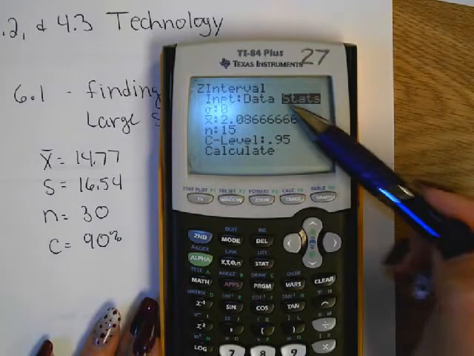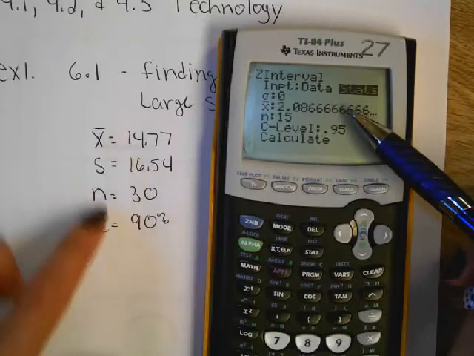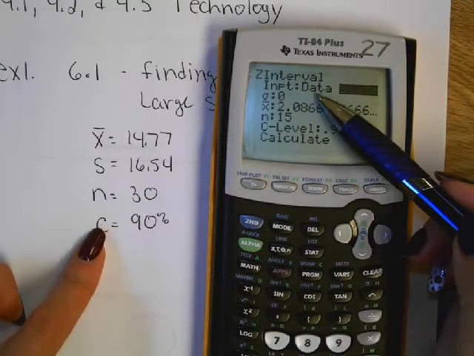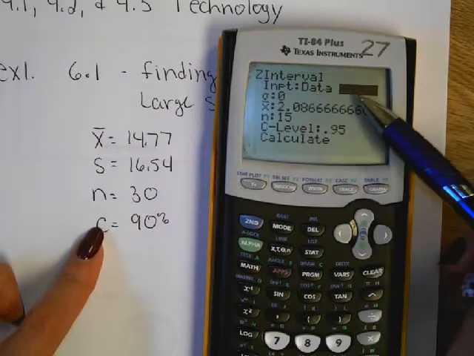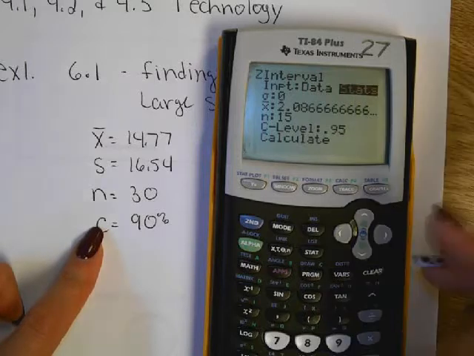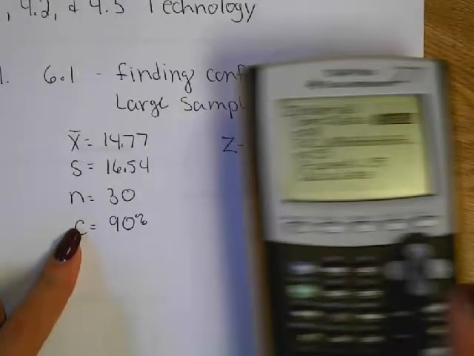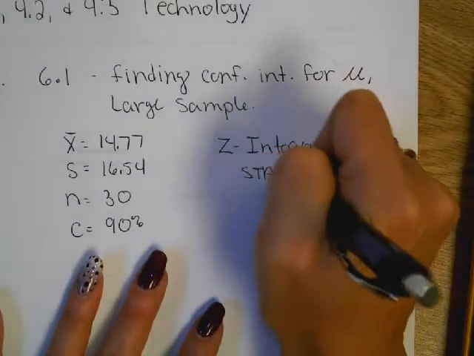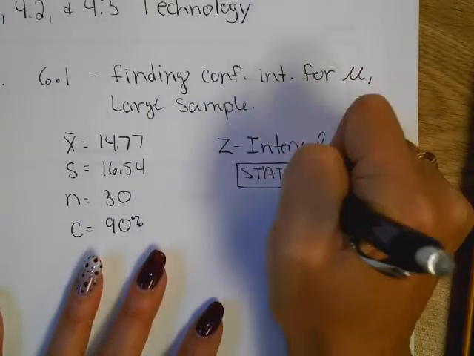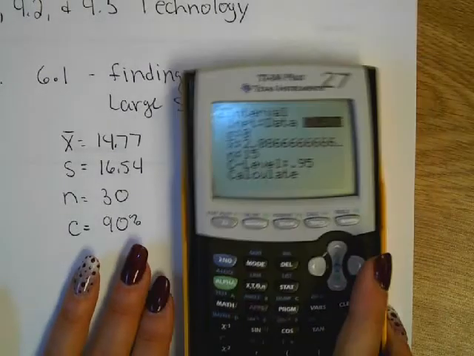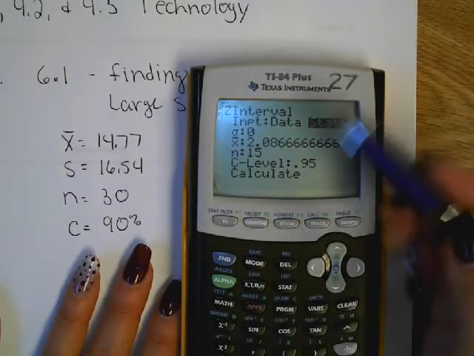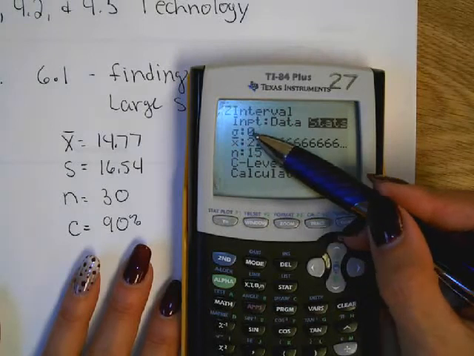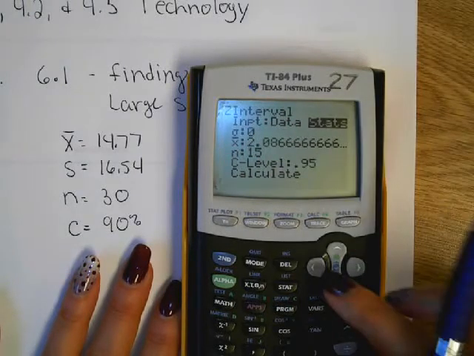And we're going to be using statistics because we've got all of the data here that we need. If we were going to put everything into a list and run one of our stats, we'd use data. But let's just stick with stats all the time. So Z-interval, stats is what we want to use. And now watch how easy stuff is. Okay, they're asking for the population standard deviation, which we don't know, so we use S in place of it.